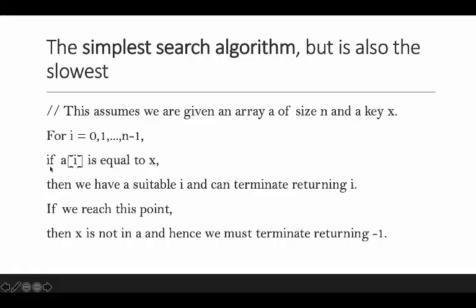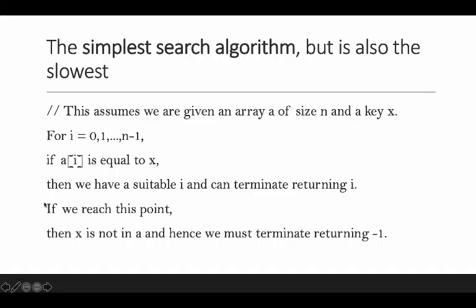If A[i], the value stored in this location, is equal to x, then we have a suitable i. The location, the index value, is identified and we can terminate returning i. If we reach this point, then x is not in A. That means the for loop is over, the comparison for each and every element in the array is over.